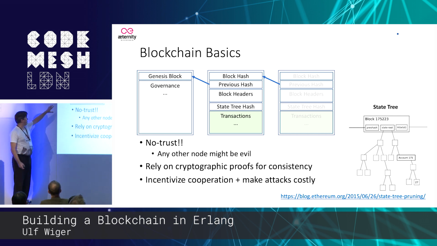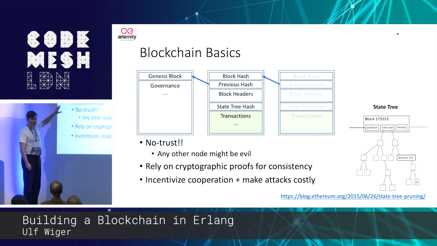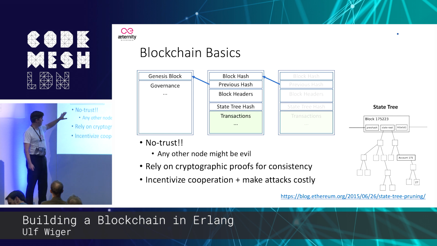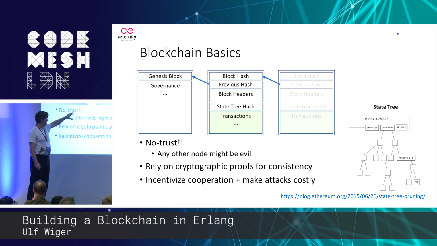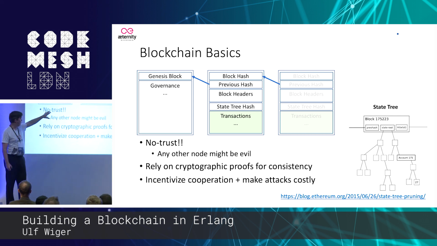So it starts with block 0, which is called the Genesis block. It mainly contains, certainly in our system, governance parameters, which are basically system-wide parameters for the blockchain. And then you create blocks that are identified by a hash. Essentially, you pack a bunch of transactions into the block, and that's the interesting stuff. That's the actual work.